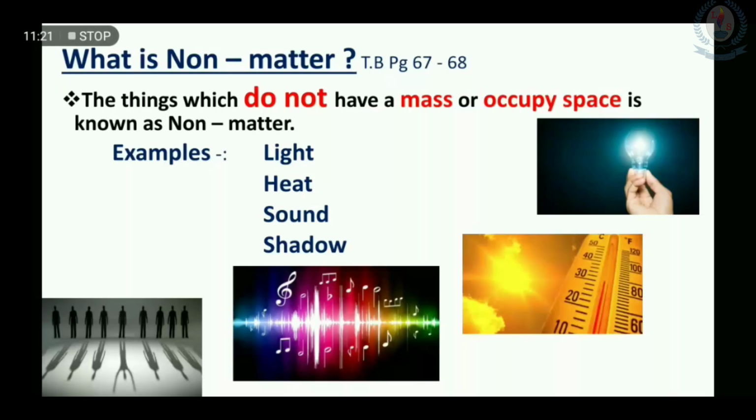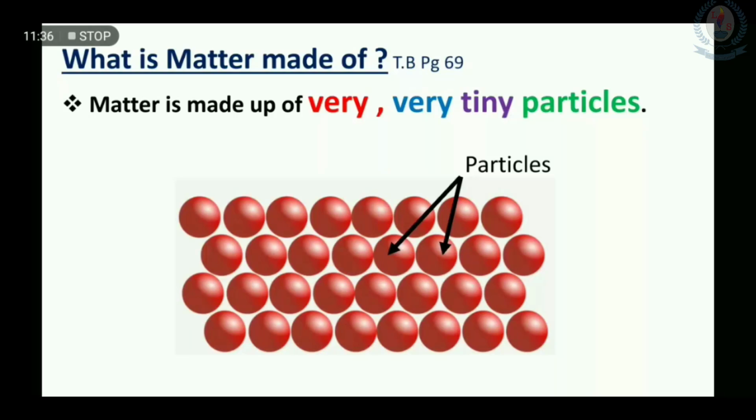So let's mention some examples for non-matter. Yes, light, heat, sound, shadow, likewise. Okay? Now let's learn what matter is made of.